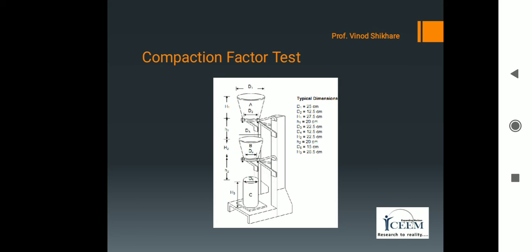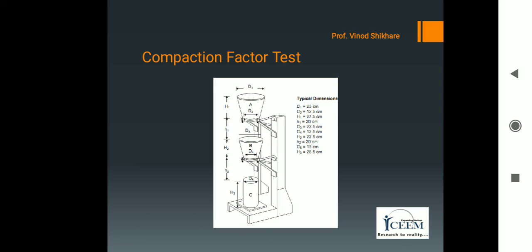In this test, the hopper is filled up with the concrete mix up to the top. By opening the trap door of hopper A, the concrete is allowed to fall into hopper B. By doing so, some standard amount of work has been done on the concrete.